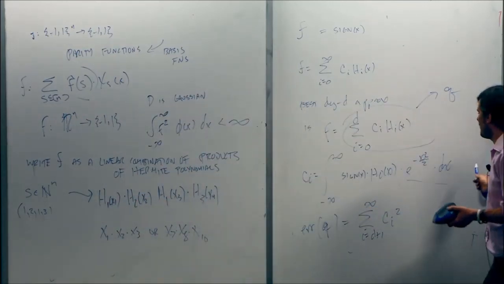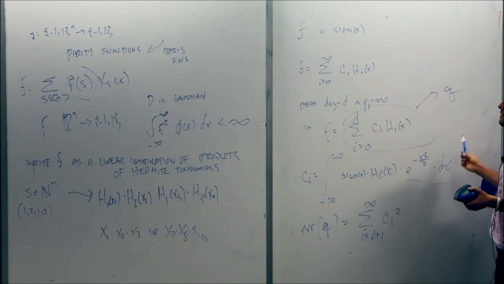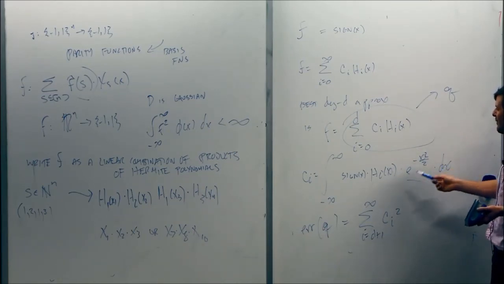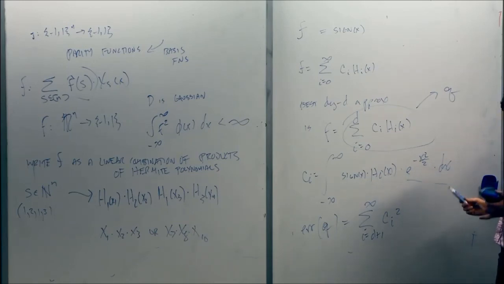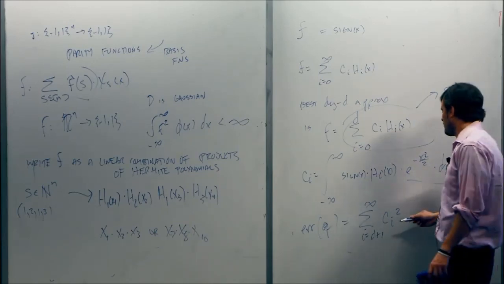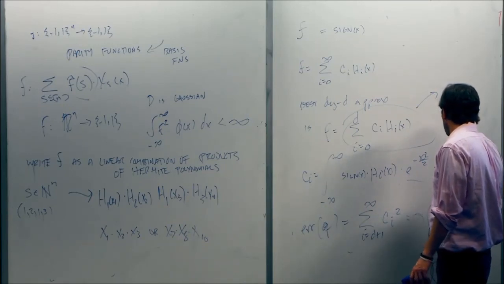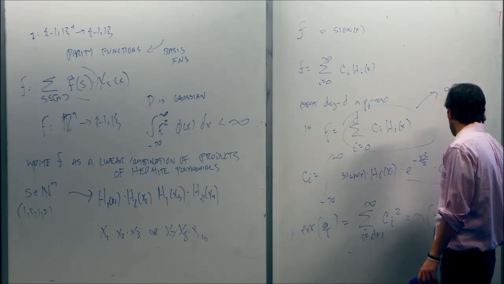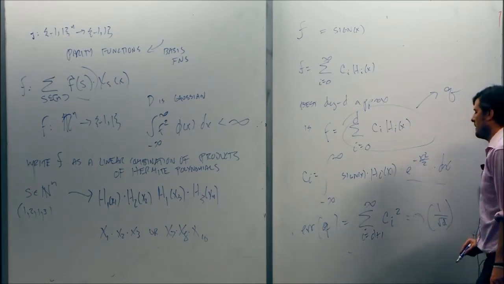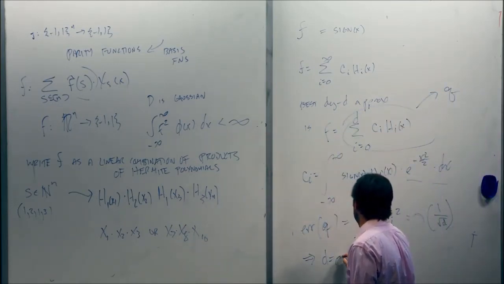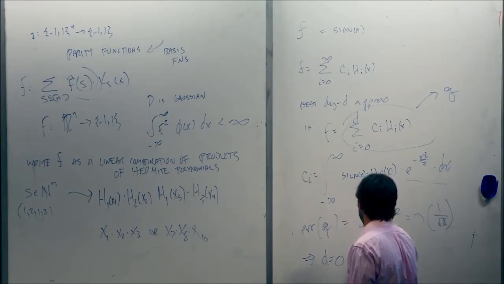There are books on Hermite polynomials, you can certainly find a formula for this type of integral and get a bound, and that's sort of what we did. And you can prove that this quantity is order of 1 over root d. That implies that you can choose d to be order of 1 over epsilon squared.